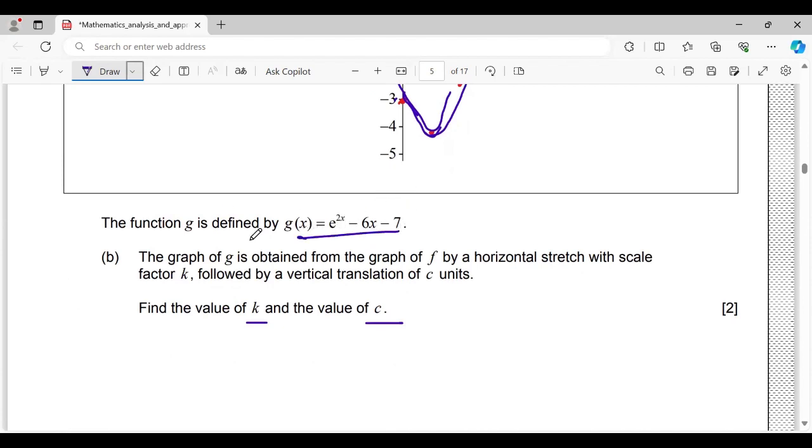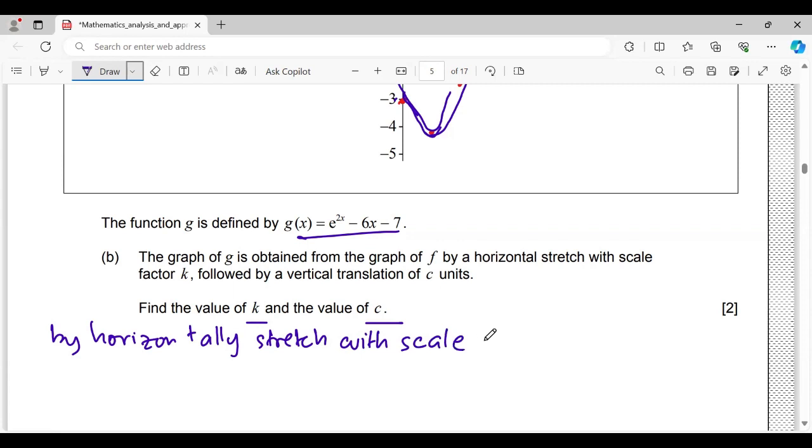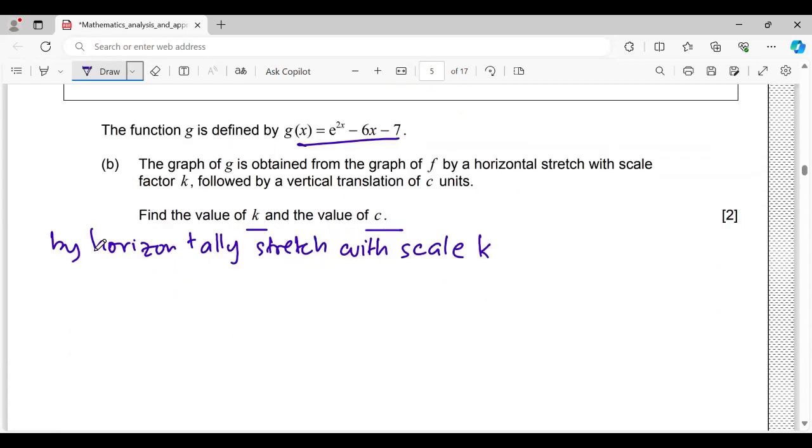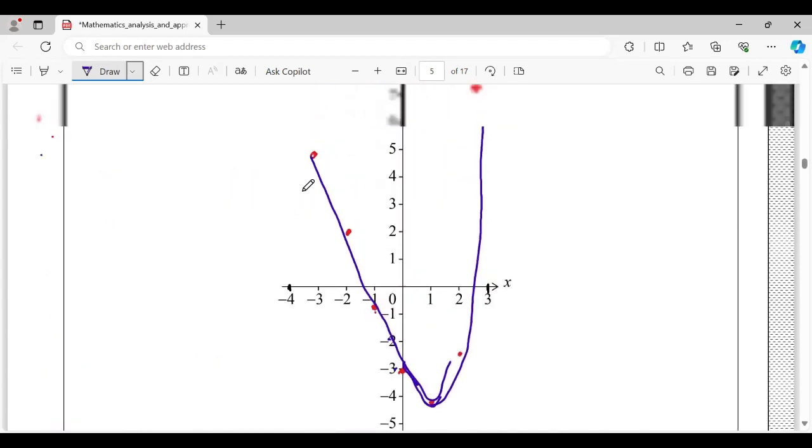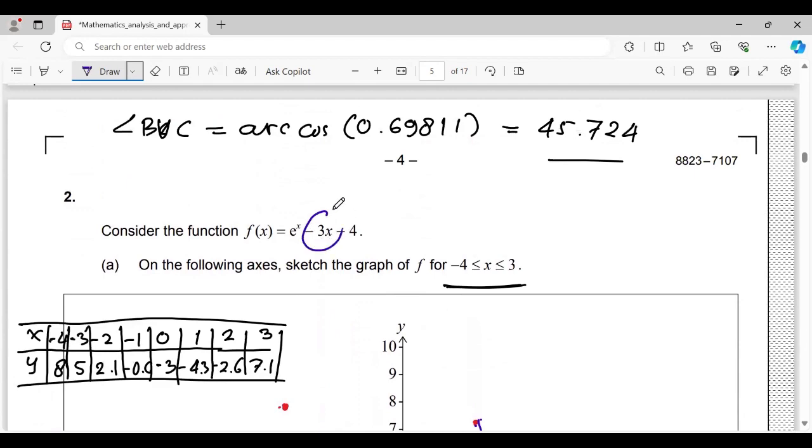So g(x) equals e^x minus 6x minus 7. By a horizontal stretch with scale factor k, we can write it like this: minus 6x times k equals minus 3x.